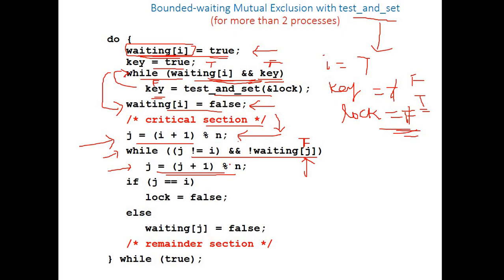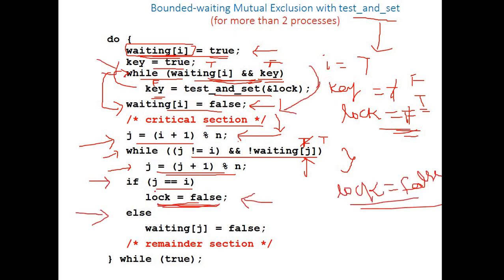Likewise, the next process j is decided in this while loop, and for the one process which wants to enter into the critical section, the waiting status of that particular process will be true, and the negation of true will be false here. The while loop will terminate and control will come here.